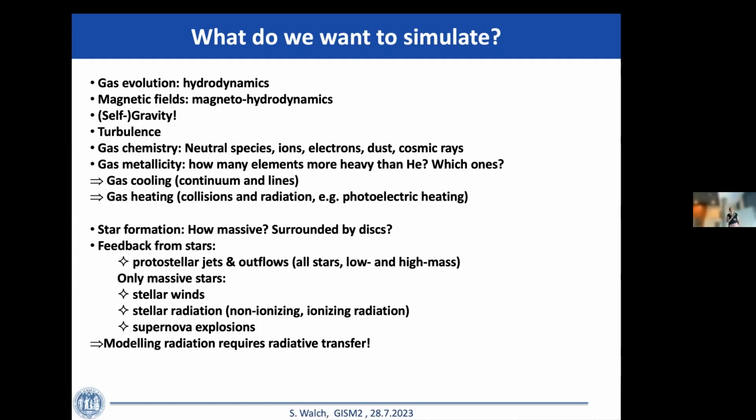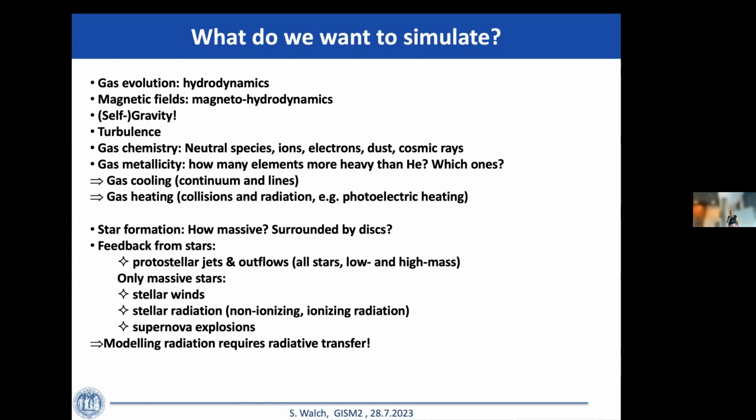We have also, if we want to now look in a bit more detail, so not be isothermal and then switch to another equation of state, which we just put in by hand, then we actually want to look at the gas chemistry. So we want to understand how many neutral species are there, how many ions, electrons, dust, and so on. This is important as soon as you talk about non-ideal MHD effects.